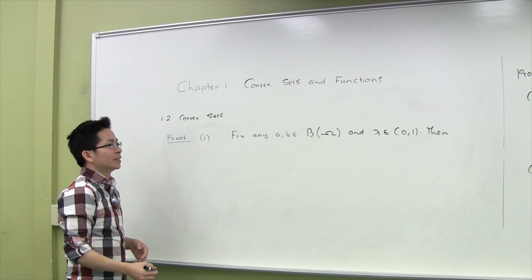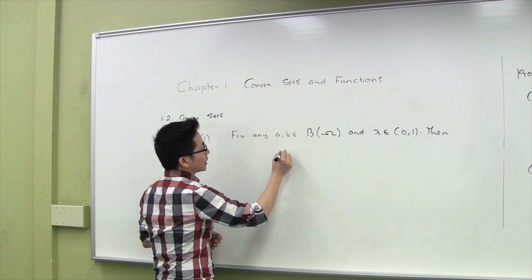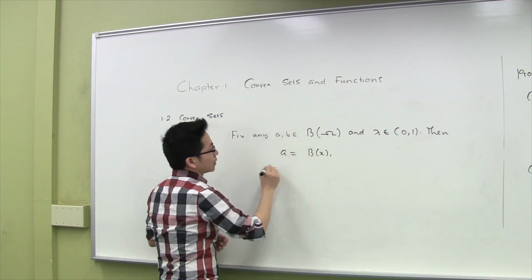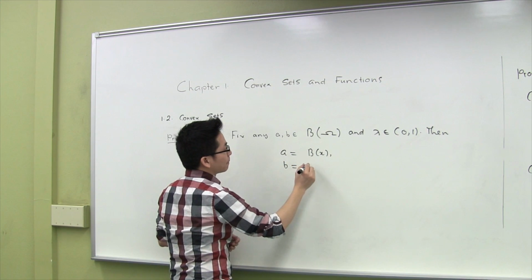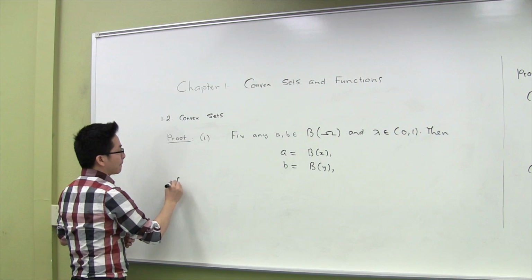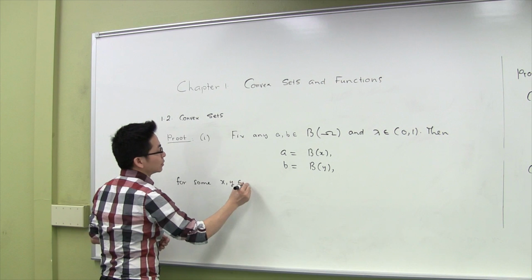Because a and b are in this direct image, a is equal to B(x) and b is equal to B(y) for some x and y in omega.